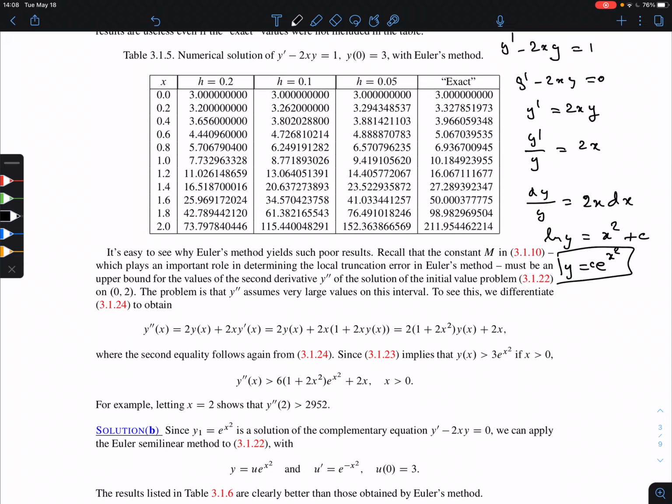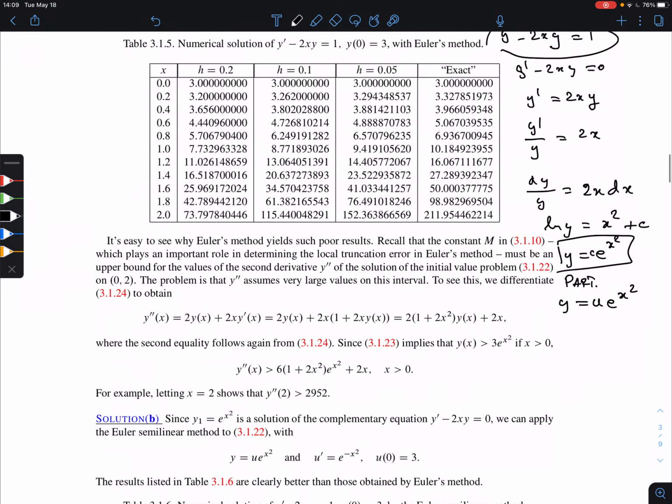This is how the actual solution looks. I see now, this looks so simple. Oh, what a cute little differential equation. Let me solve it. Now, a particular solution: we replace the c by u, so y is u e to the x squared. Now we take the derivative.